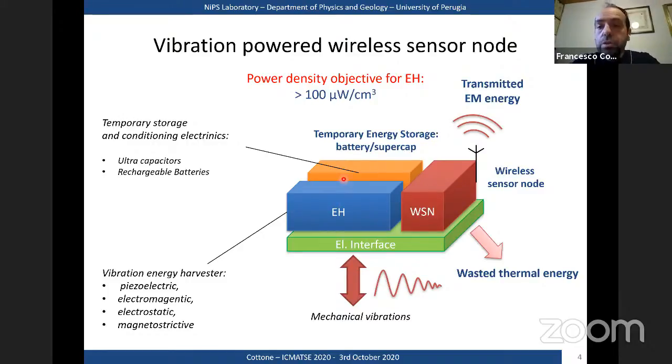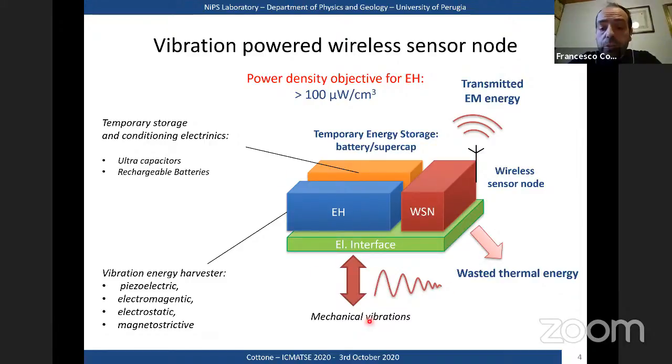So the storage could be a battery, but now the trend is to use supercapacitors as alternative to batteries, because the amount of energy that is temporarily stored is not so high. And we need a very reliable system that can be charged and discharged many times, so with a lot of energy cycles. So supercapacitors are a better choice in this case.